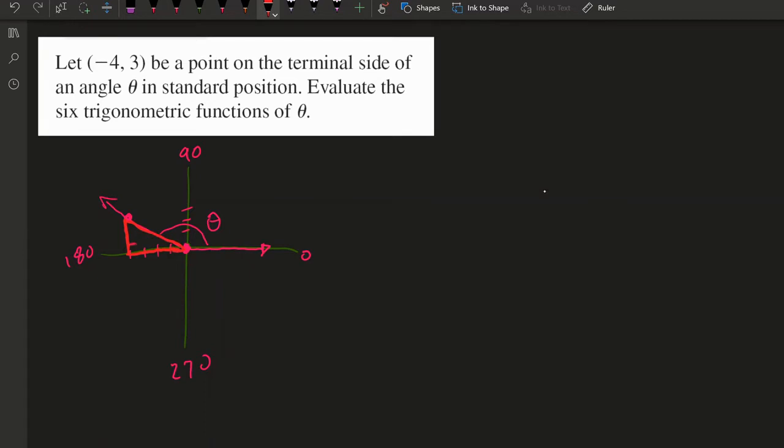So if I have this right angle here, I know that if this point is (-4, 3), this horizontal side of the triangle has to be -4, and the vertical side has to be +3. I'm going to take this out of the picture just so I can make it bigger.